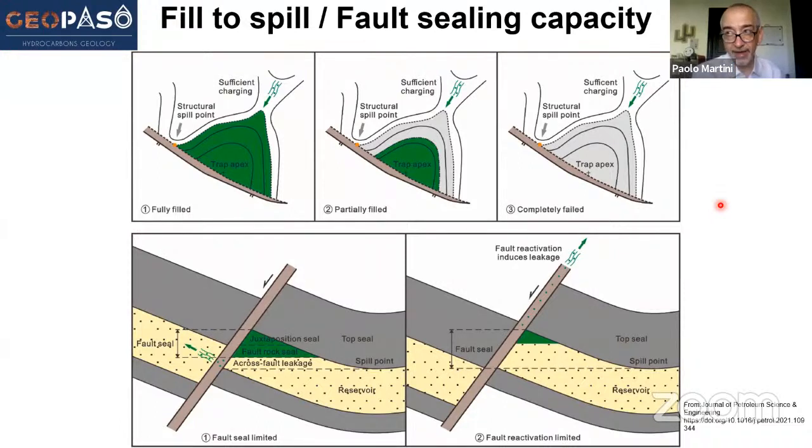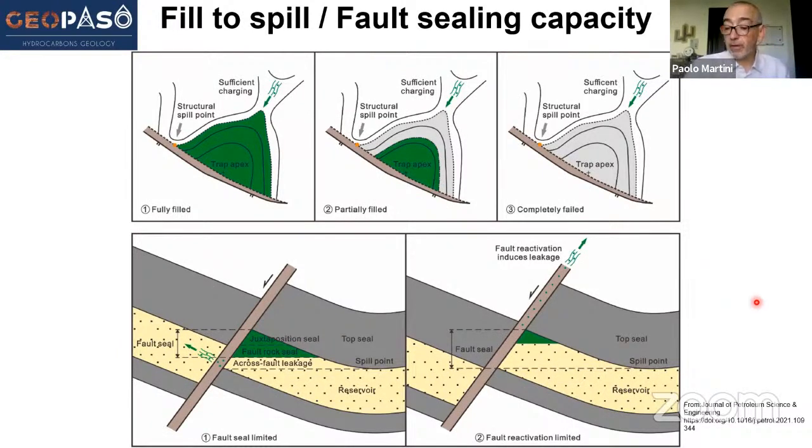So once you find that the structure is not filled, then you have to ask yourself why it's not filled. It might be due to incomplete charge, or it might be due to a leaky structure, as in this case. So this is all information that is very useful for possible development or exploration.